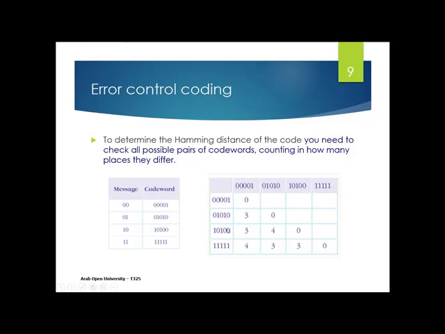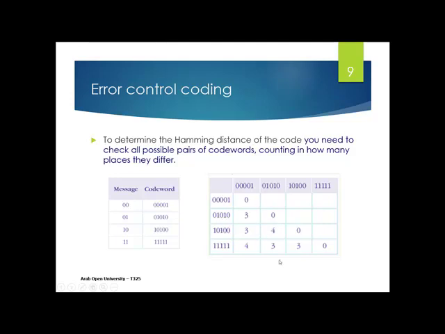The same applies for this other pair of code words. While if I'm comparing these two code words, 10100 and 01010, I will notice that I have differences in the first bit, the second bit, the third bit, and the fourth bit, but the fifth bit is the same, so I have 4 differences.